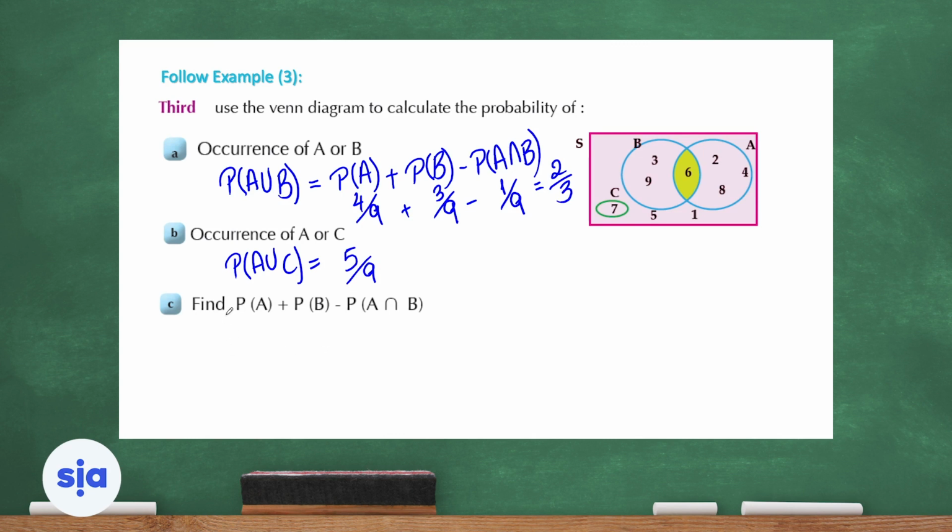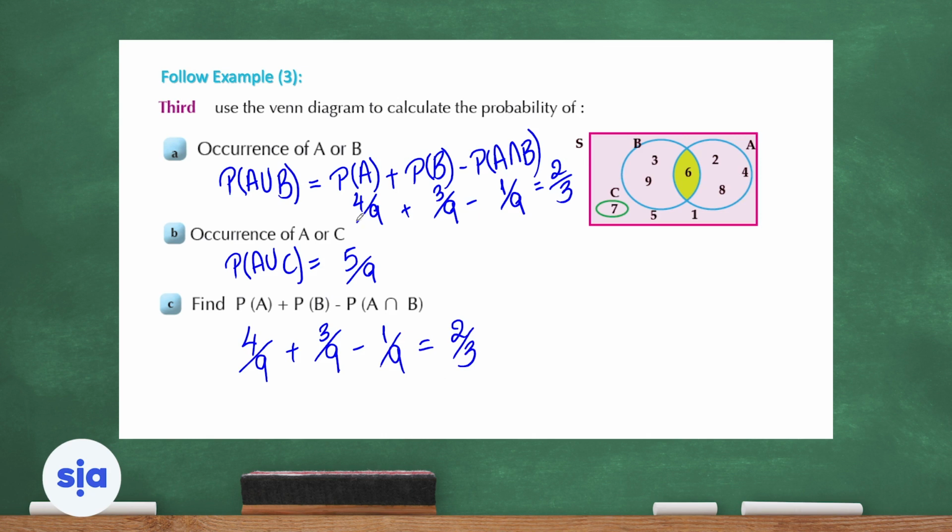Find the probability of A plus B minus probability of A intersect B. This is what we got at the top here. So probability of A is 4 over 9 plus probability of B is 3 over 9 minus the probability of the intersection between them. It's 1 over 9, which is 2 over 3.